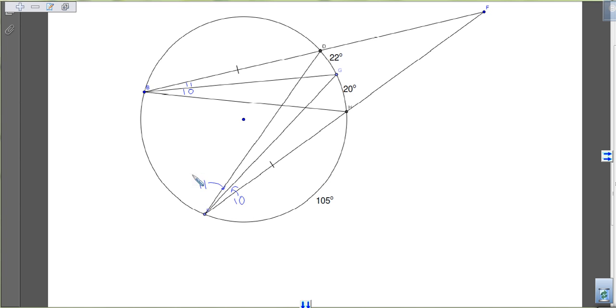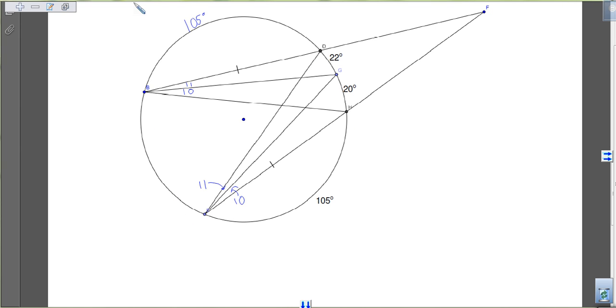The next big thing that I need to look at is the fact that I have a set of congruent chords. This chord here gives me a 105-degree arc. That chord is congruent, so that means that this is 105 as well. And I know that there's 360 degrees in a circle.